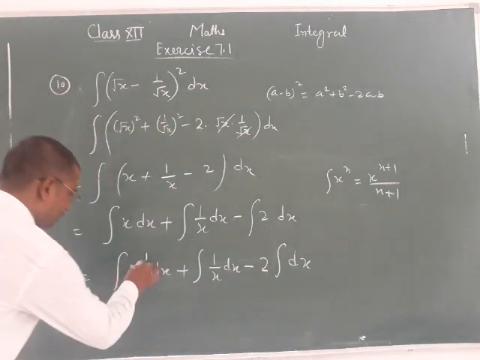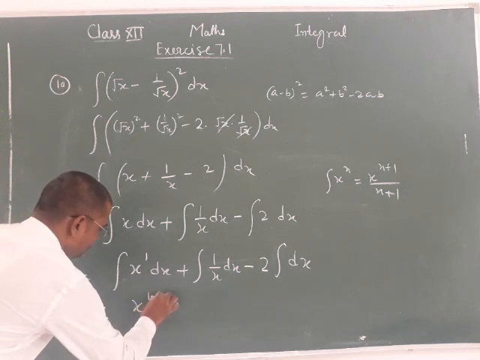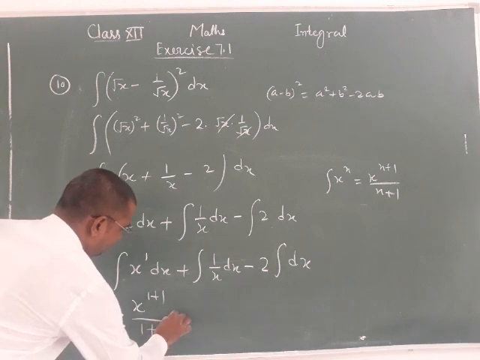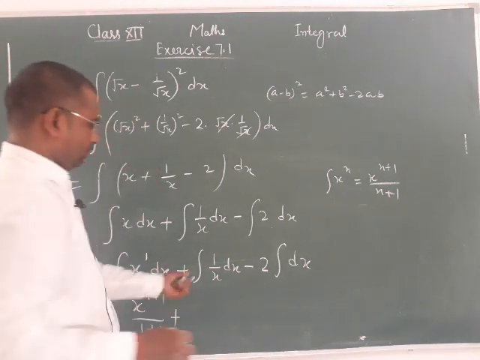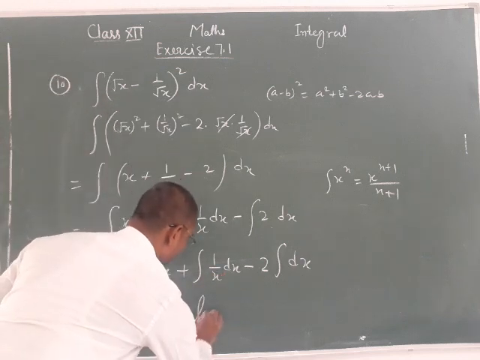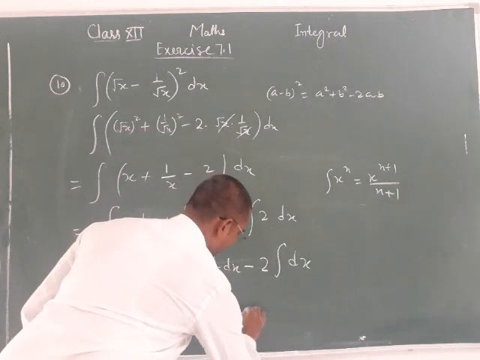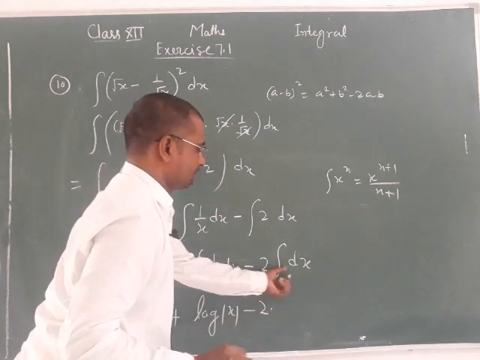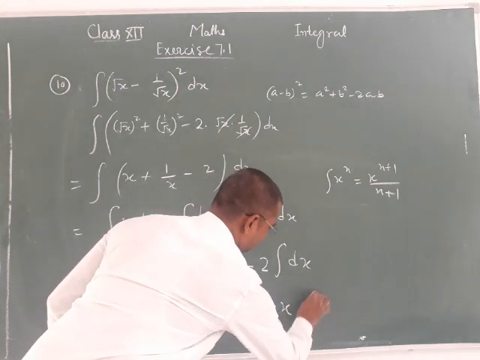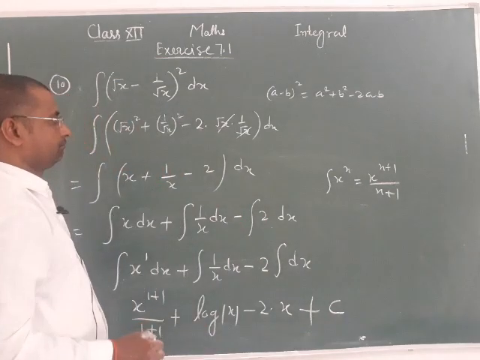So now according to this formula, x^(1+1) upon 1+1, and plus integration of 1 upon x dx is log x. So this is positive, and minus 2 integration of dx, so we get x, and also the arbitrary constant plus c.